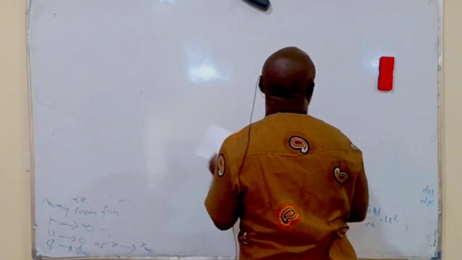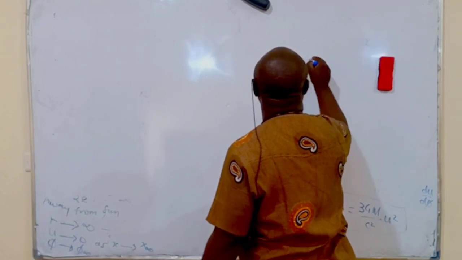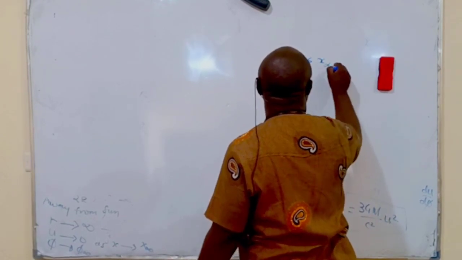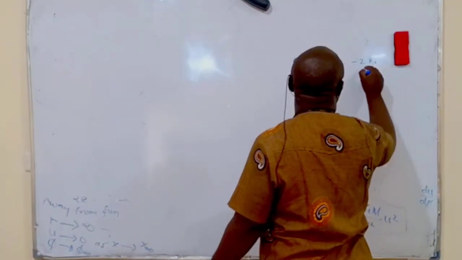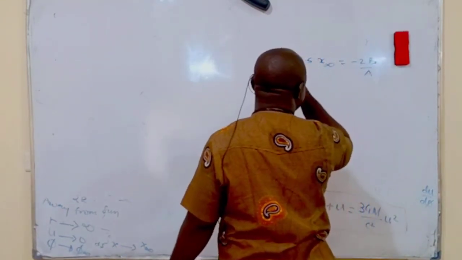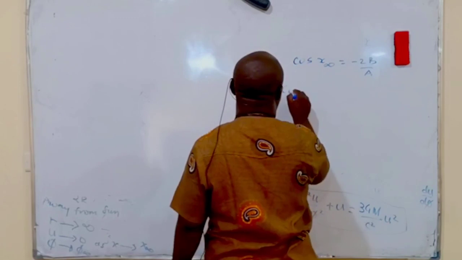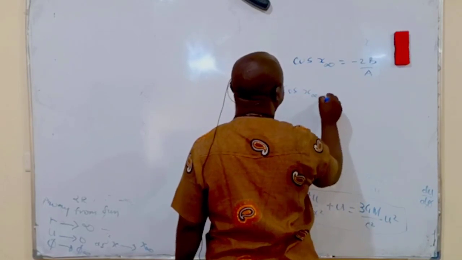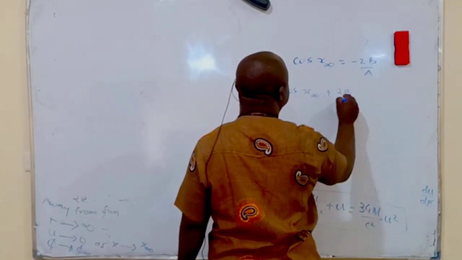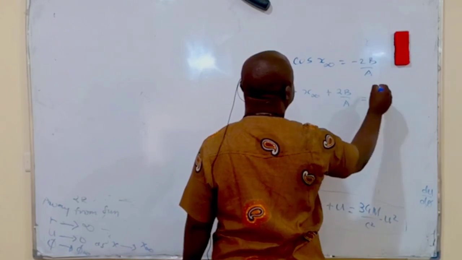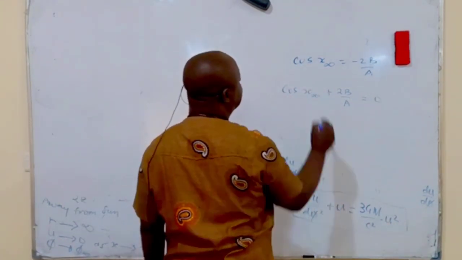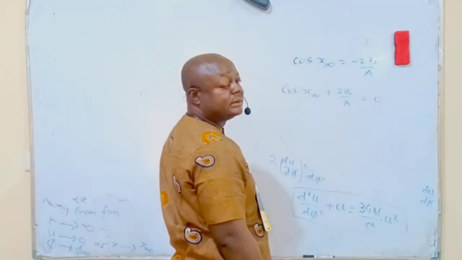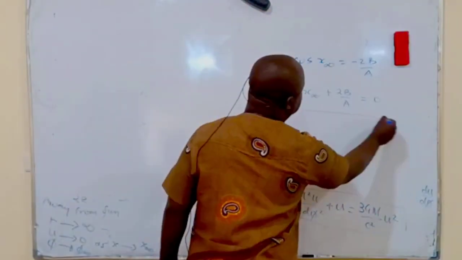Remember, I have something like cos x infinity equal to minus 2b over a. So I have cos x infinity plus 2b over a equal to 0. So what would now be my cos that? So you try to solve this equation.